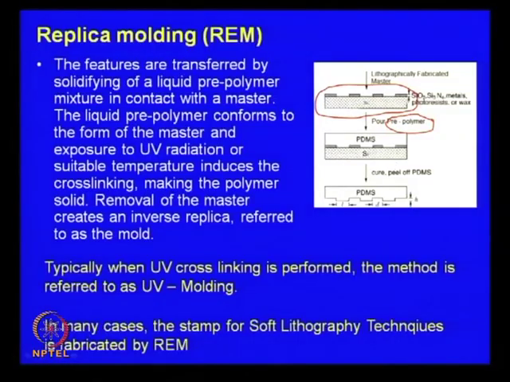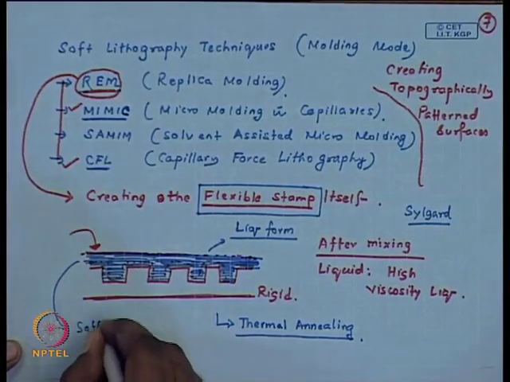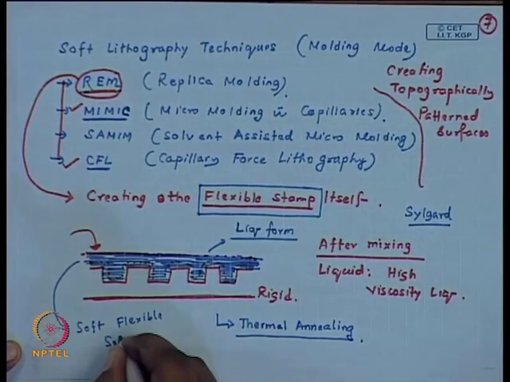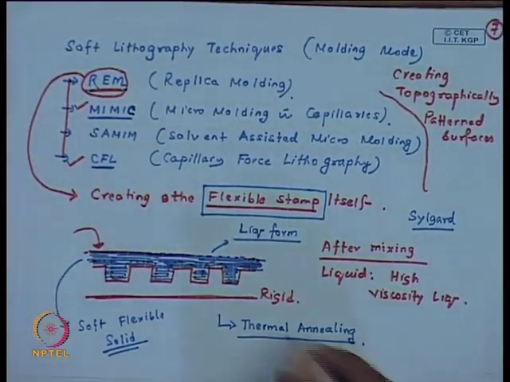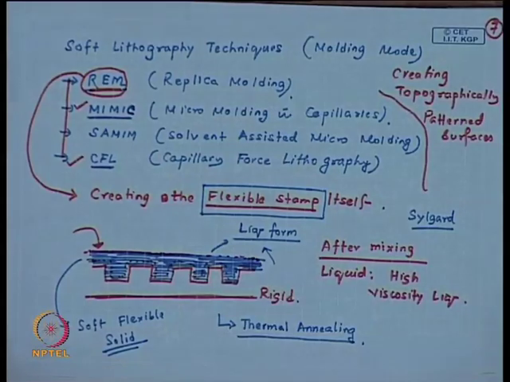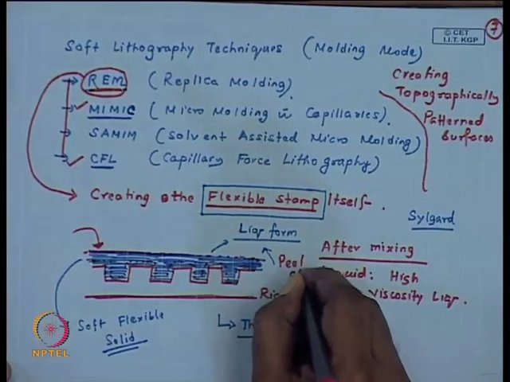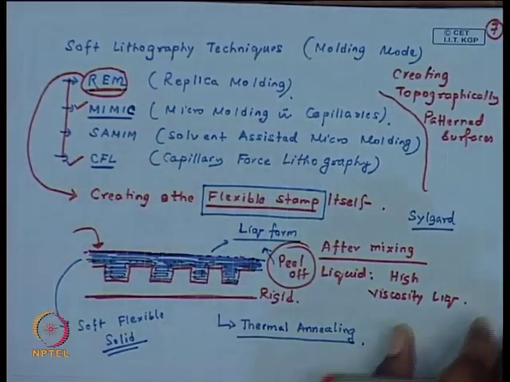But if you do a thermal annealing or you leave the whole thing for a few days, what will happen? This prepolymer, which was in the liquid state, now gets cured, or in other words it is now fully cross linked, and it is no longer a liquid, it is now a soft, flexible solid, and you know now what to do, simply peel it off. So, what do you have?